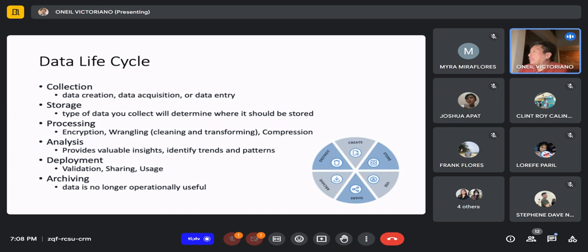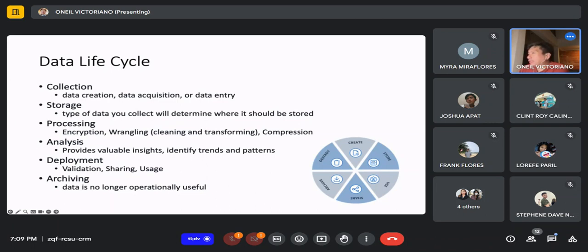So, is it good for physical storage, local servers, local infrastructure, or can it be good for cloud? So, how do we do processing? Doing encryption, doing cleaning and transformation, doing compression techniques over processing data.